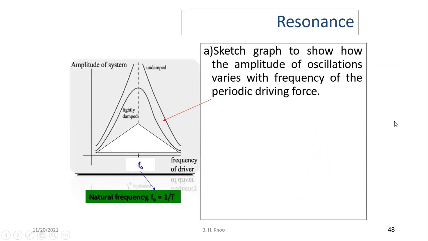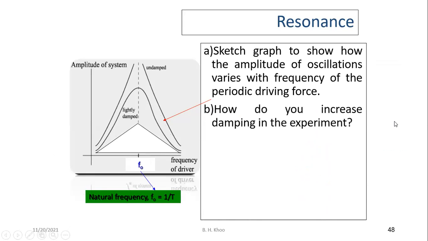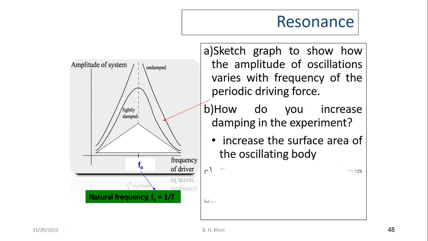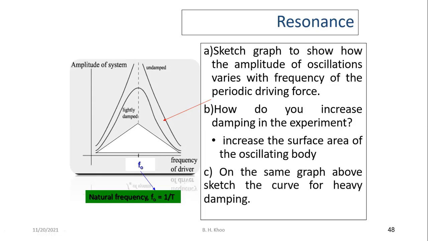It says alternate picture, same picture. If you are asked to sketch, you can change the surface area; increasing the surface area increases the amount of damping. You can get it from the internet.